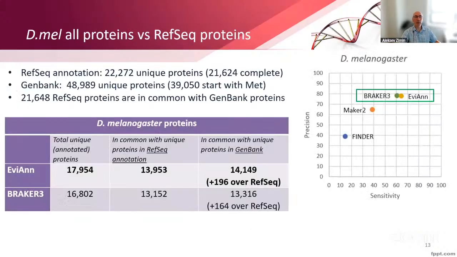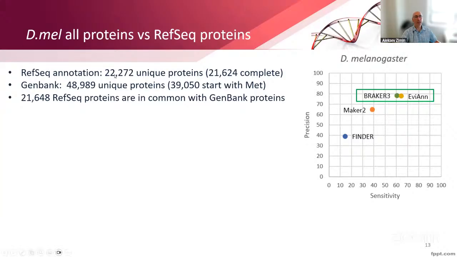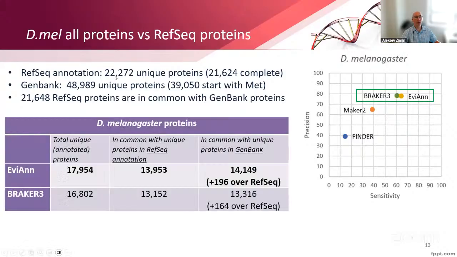One note that I wanted to mention is Drosophila melanogaster all proteins versus RefSeq proteins. So RefSeq annotations by far are actually not complete. Well, not by far, but they're just not complete.